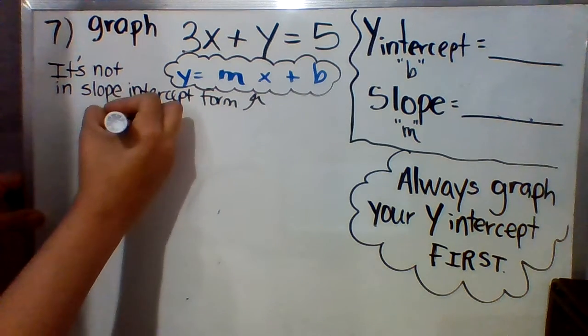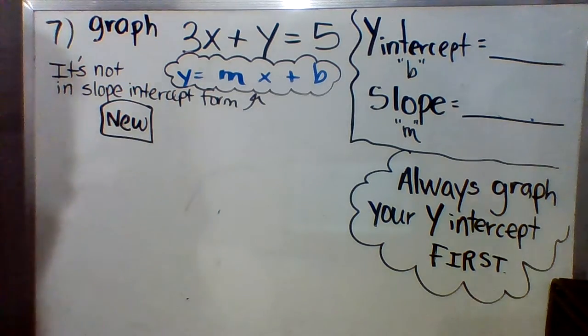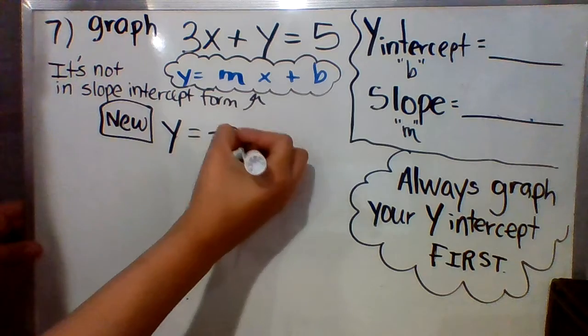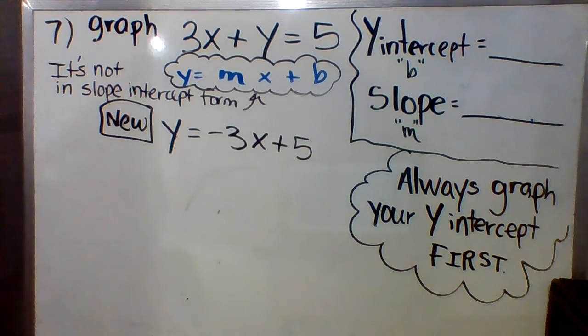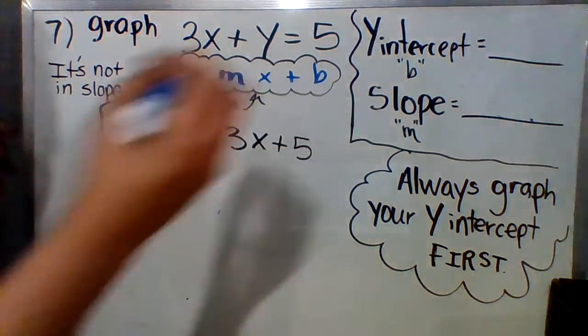So our new equation, still the same equation, just rewritten in a different format, is y equals negative 3x plus 5. Now we know that the slope and the y-intercept are here. The y-intercept, or the b, is positive 5.